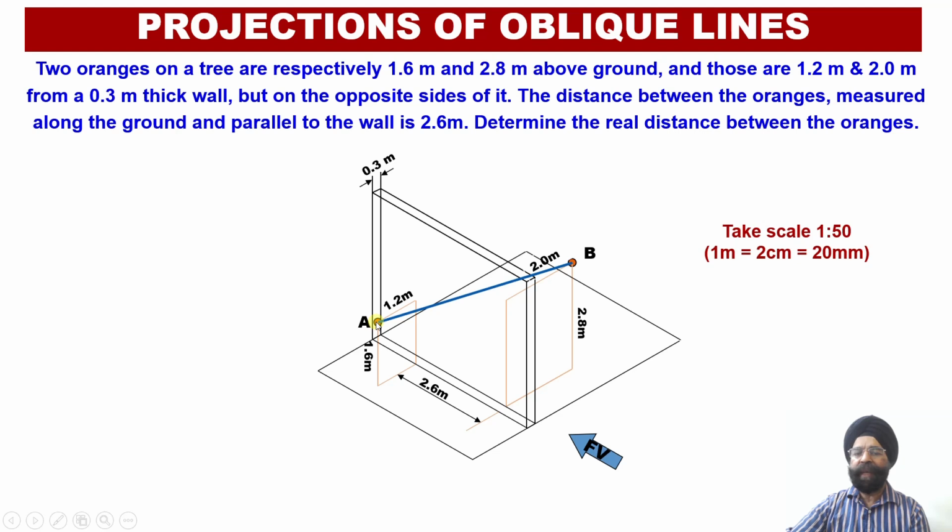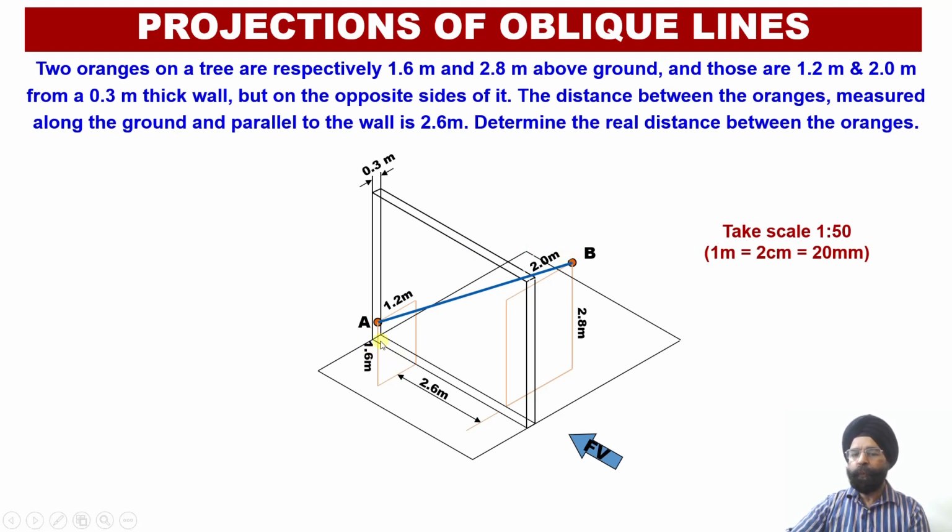Similarly, in the front view, on the other side of the wall, that is on the right hand side, point B will be located at a height of 2.8 meters above the ground and at a distance of 2 meters from the wall. This way the front view projections A dash and B dash can be located.